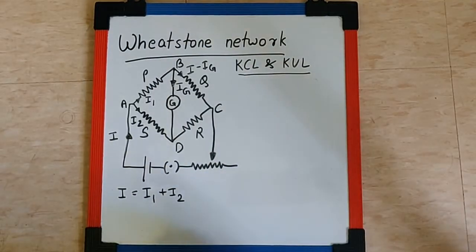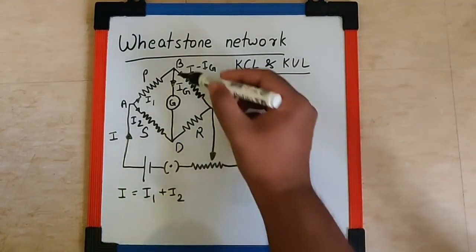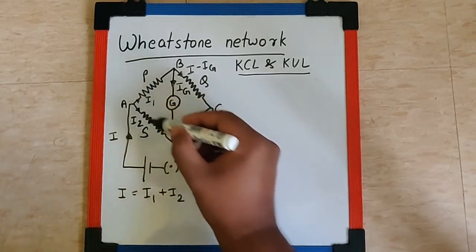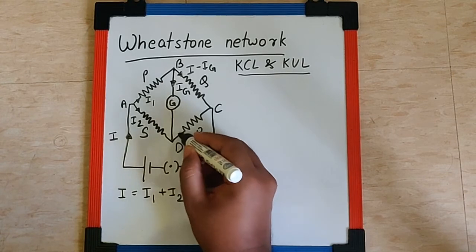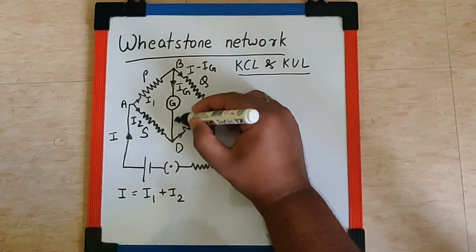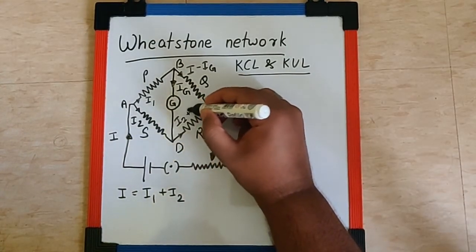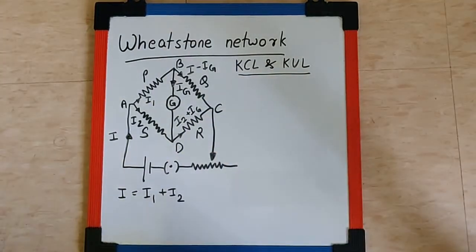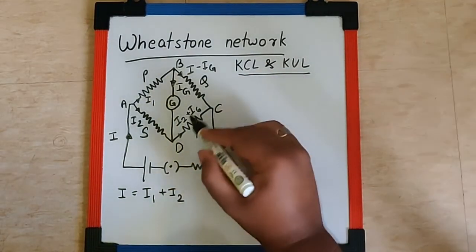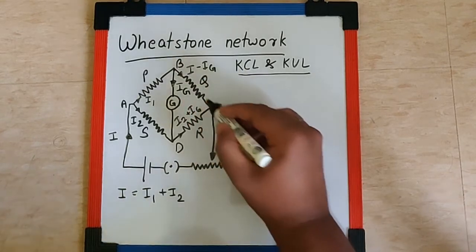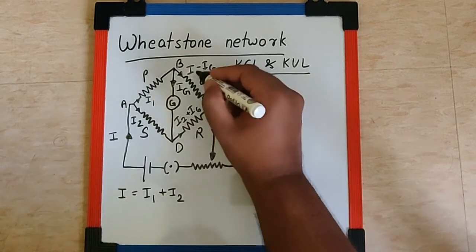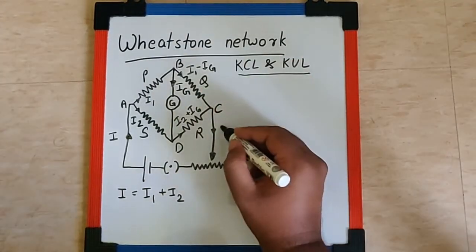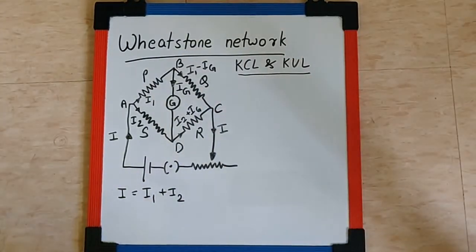Correct? Similarly, at junction D, IG is incoming current and I2 is incoming current, so they both add and go from D to C as I2 plus IG. And at junction C, I2 plus IG and I minus IG merge to finally form I1 plus I2, which is I itself. So this is the idea of the current here.